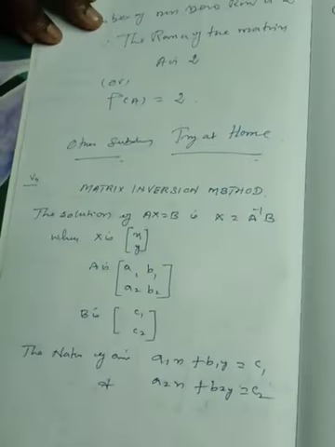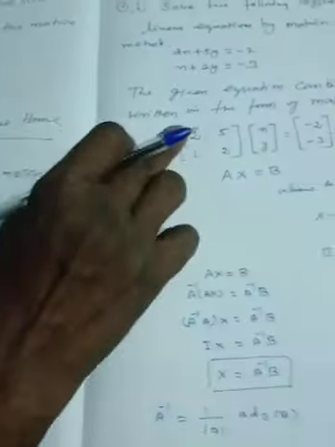Okay, first we have to find the determinant of A. Determinant of A is 2 5, 1 2.